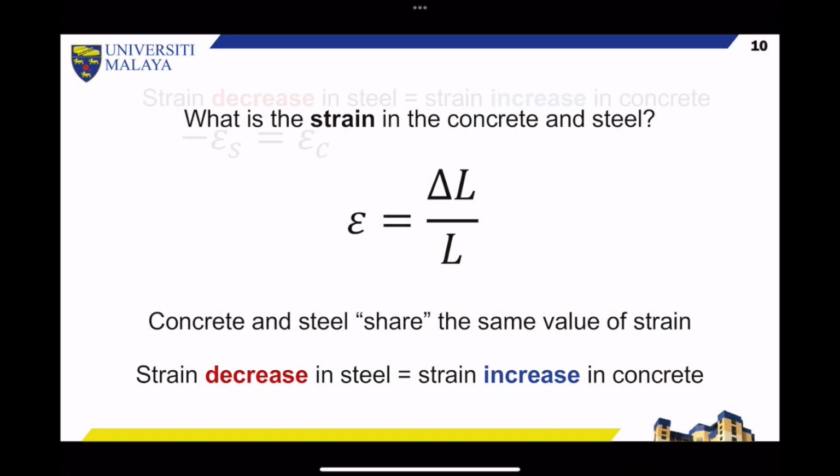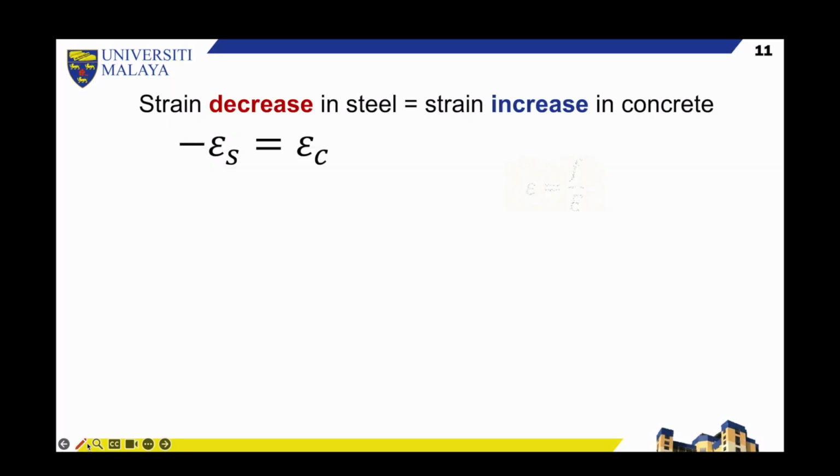So we can represent this in the form of an equation. Negative epsilon s, the decrease in the strain of the steel, is equal to the increase in the strain of the concrete, epsilon c.